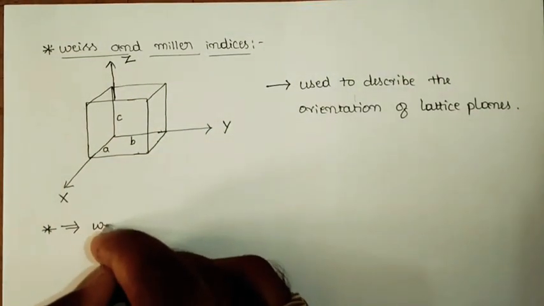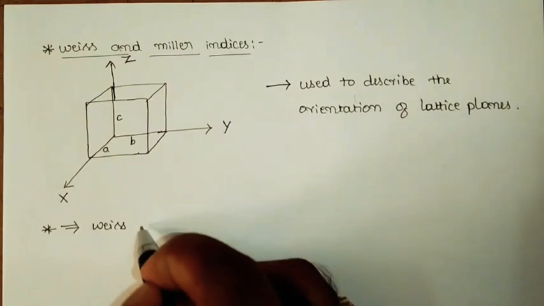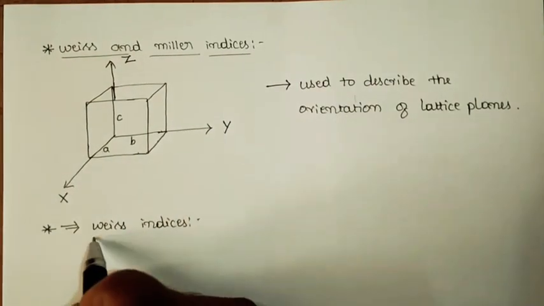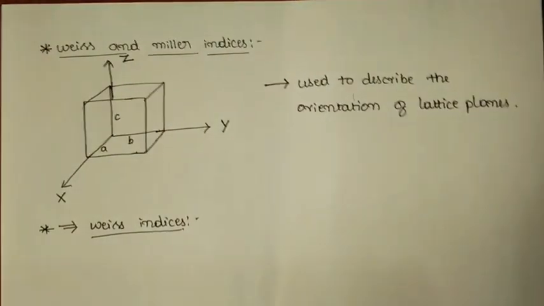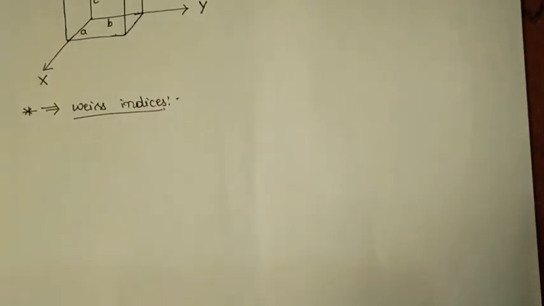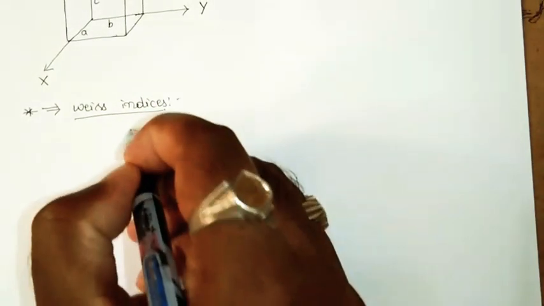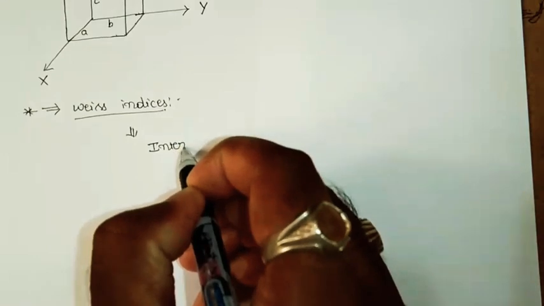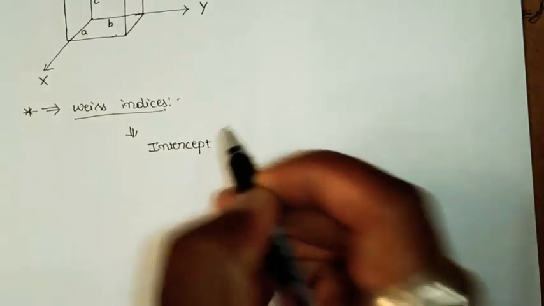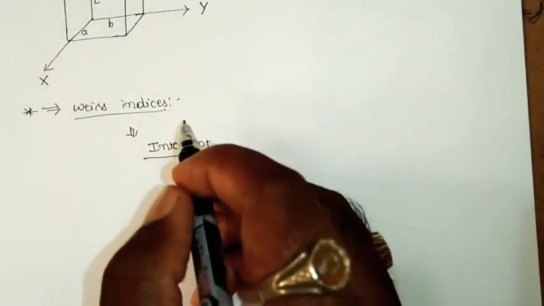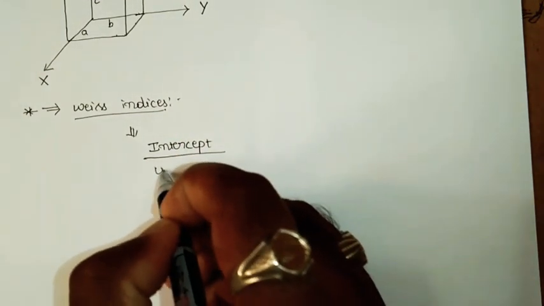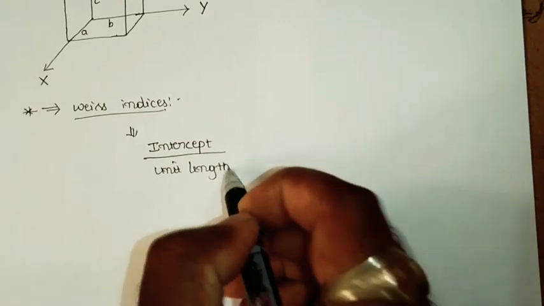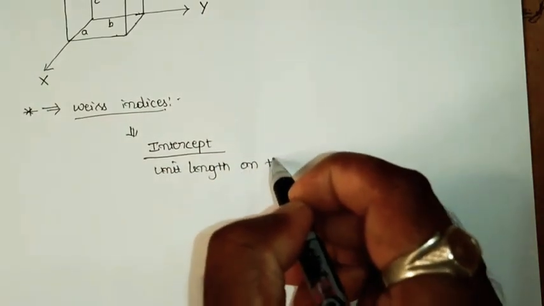So first we shall go with Weiss indices. The Weiss index is simply the ratio of the intercept made by the plane in the crystal to the unit length on the axis.